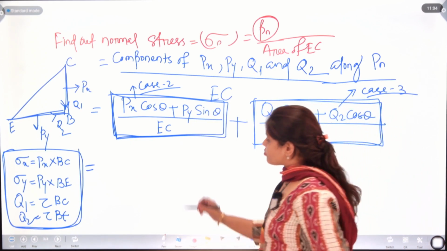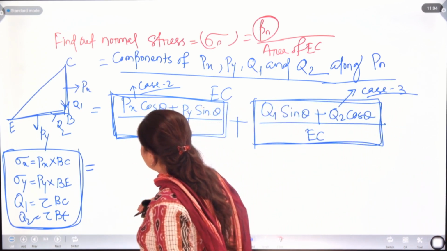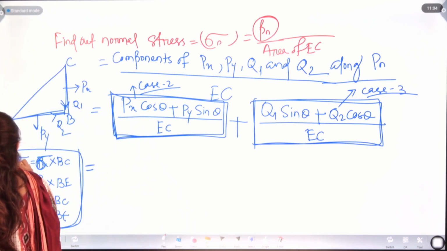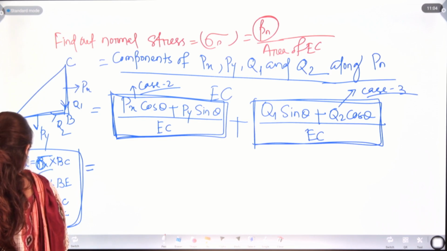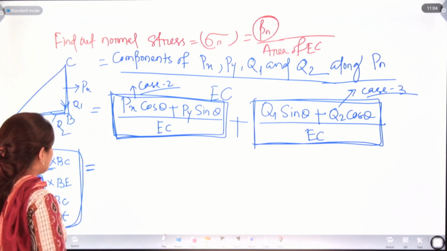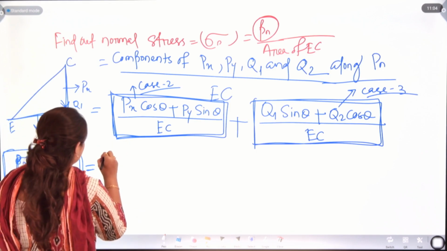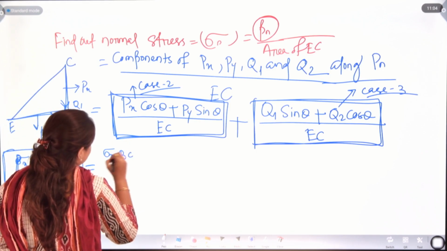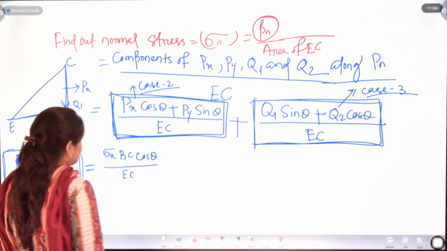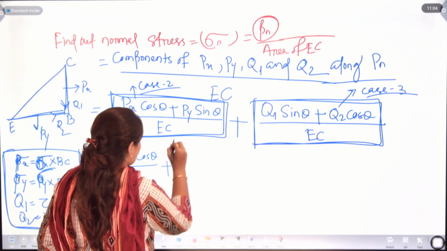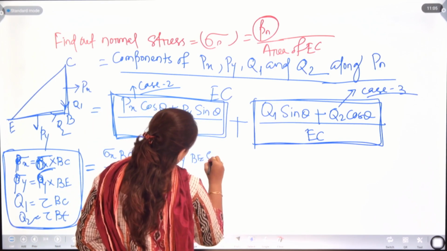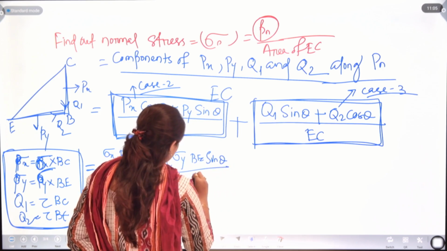Now, let's put this as sigma and this as P. So, in case of Px, we can write sigma x into BC cos theta upon EC plus sigma y into BE sin theta upon EC.